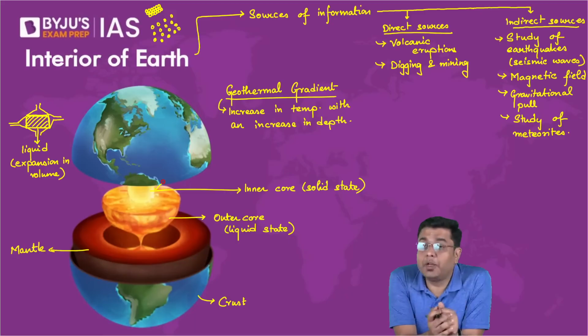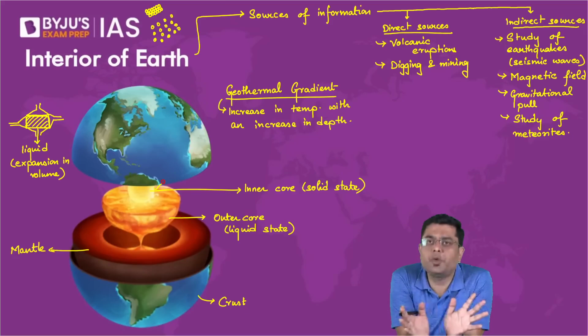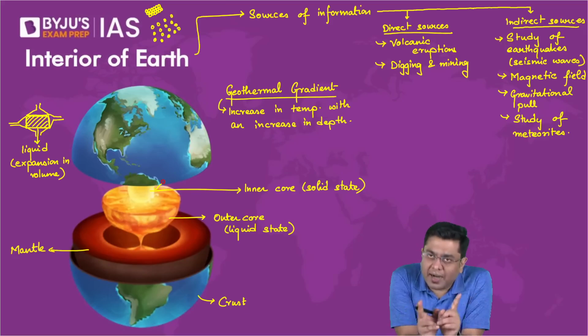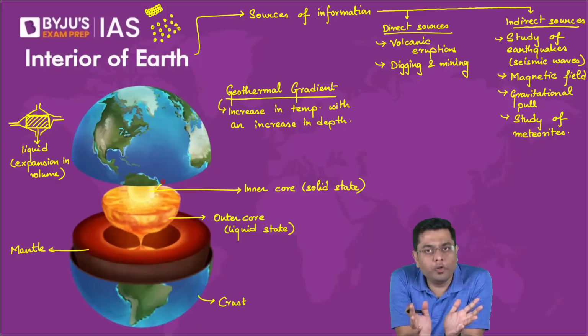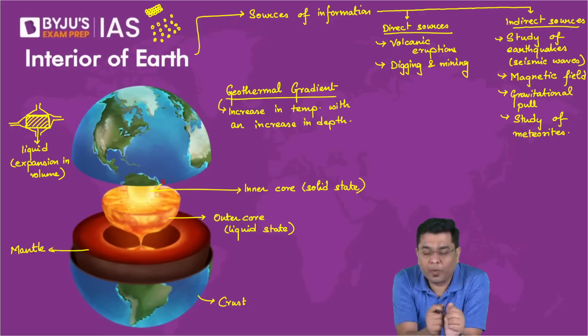By the time you reach the inner core, the temperature is very high, but similarly, the pressure is also very high. There is no place to expand. So regardless of the very high temperature, that expansion in volume is simply not achievable. And hence, you basically have a super hot solid substance rather than a liquid state.